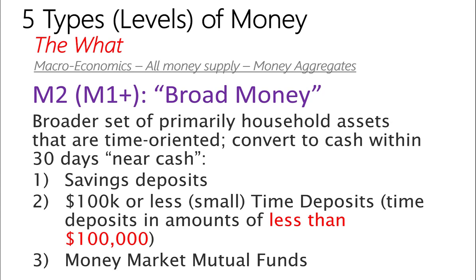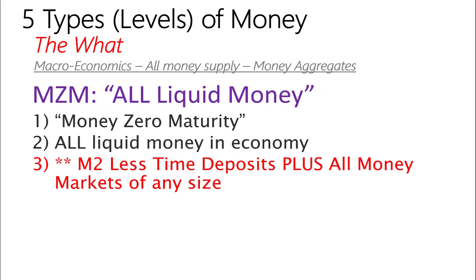But MZM is much broader than that, broader across the economy, and it includes M2, like I just showed, less the time deposits, because we want to remove just the time deposit part, but we want to add in money markets of any size.